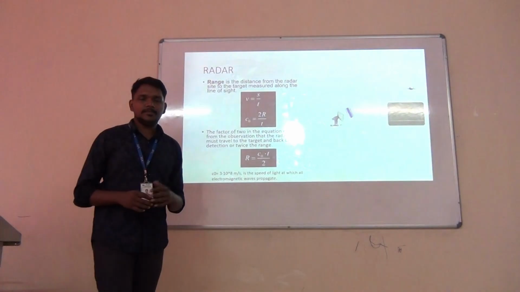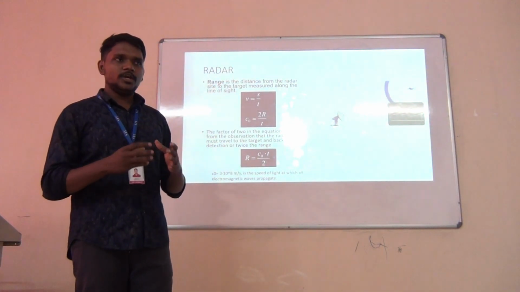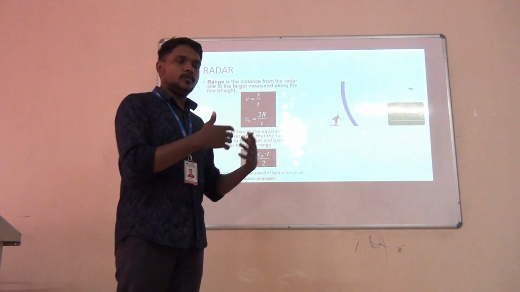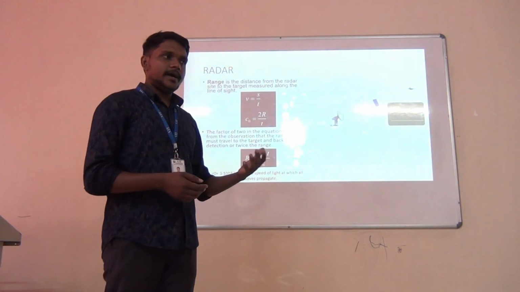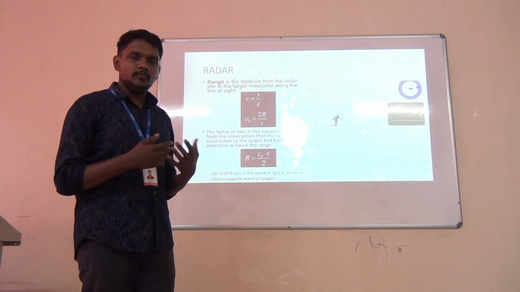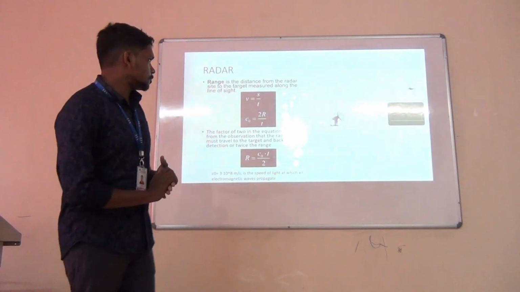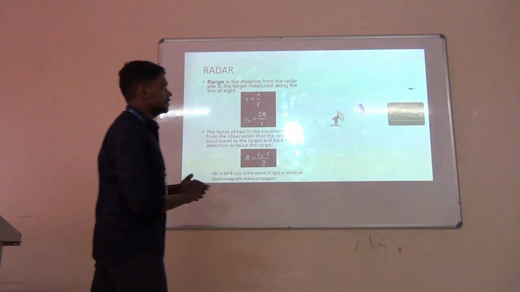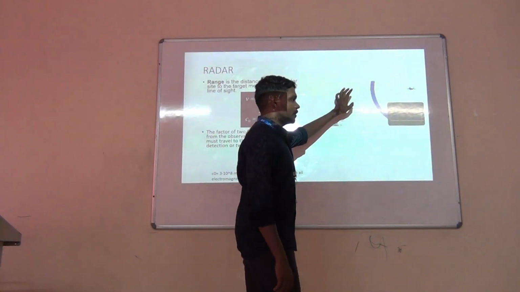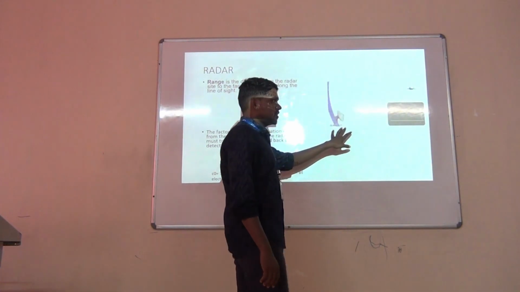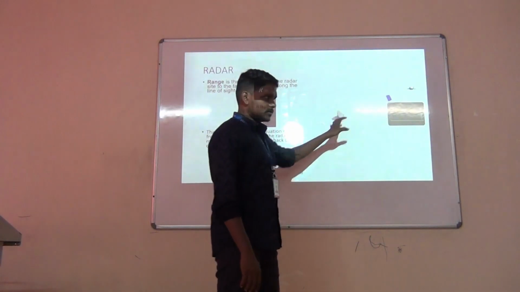As I said before, it is radio detection and ranging. It sends radio waves and uses the principle of reflection, so any movement, velocity or object intervention can be detected. As the slide shows, this is an aircraft flying over the area, where the station unit can check whether the flight is crossing it or not.